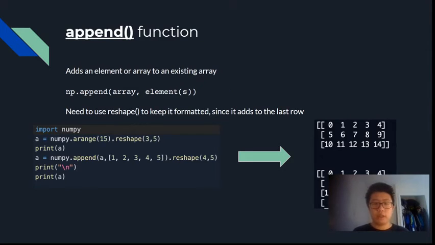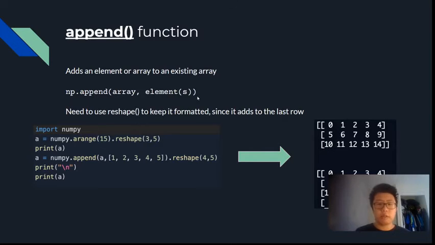The append function, like the name suggests, adds an object to an existing array. So to use the function, you need to call the append function on NP and specify an existing array as well as the elements that you want to add.